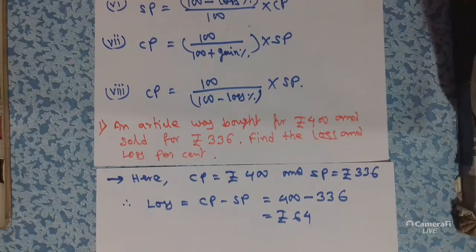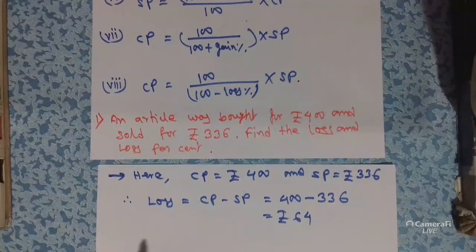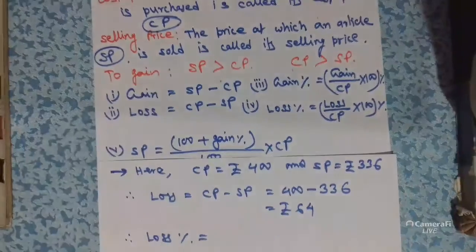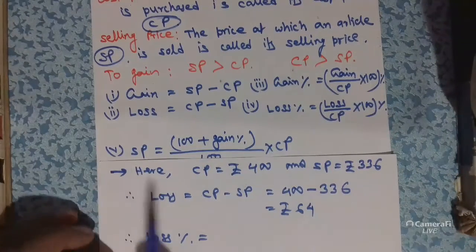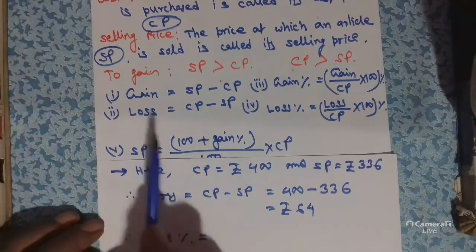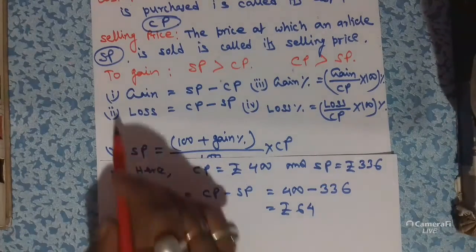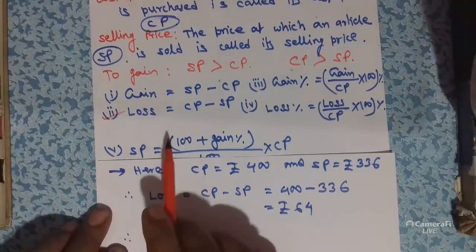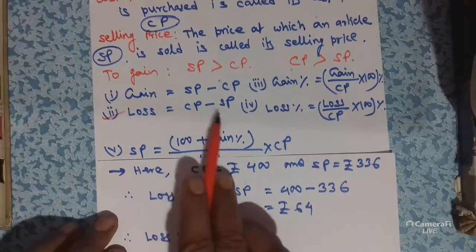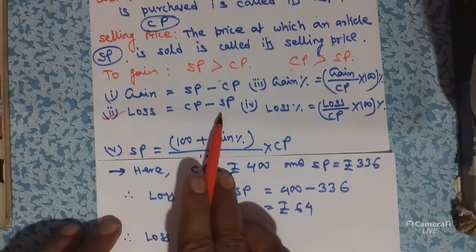Now we have to find loss percent. Students, concentrate on this: to find loss we use the formula loss is equal to CP minus SP.